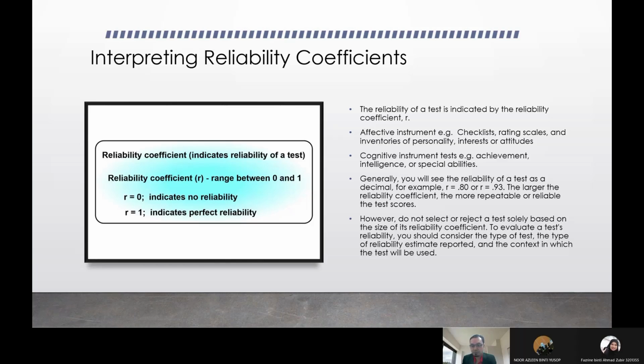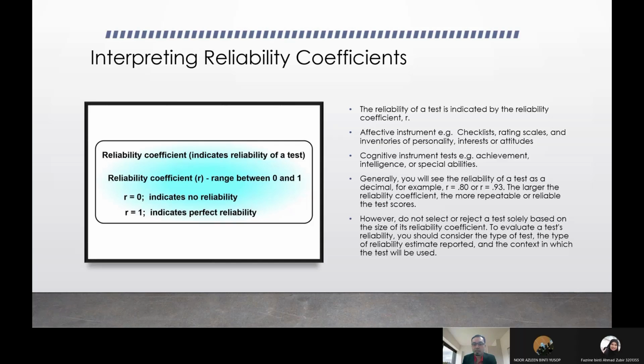So then we have to do the test again in the hope that we should at least get more than 0.6 reliability coefficient. However, do not select or reject a test solely based on the size of its reliability coefficient.